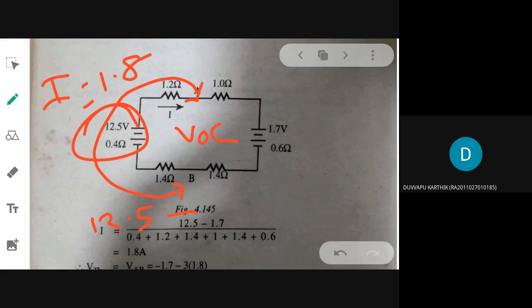What will be the voltage drops? 1.2 plus 0.4 plus 1.4, into that current 1.8. So what is the answer?